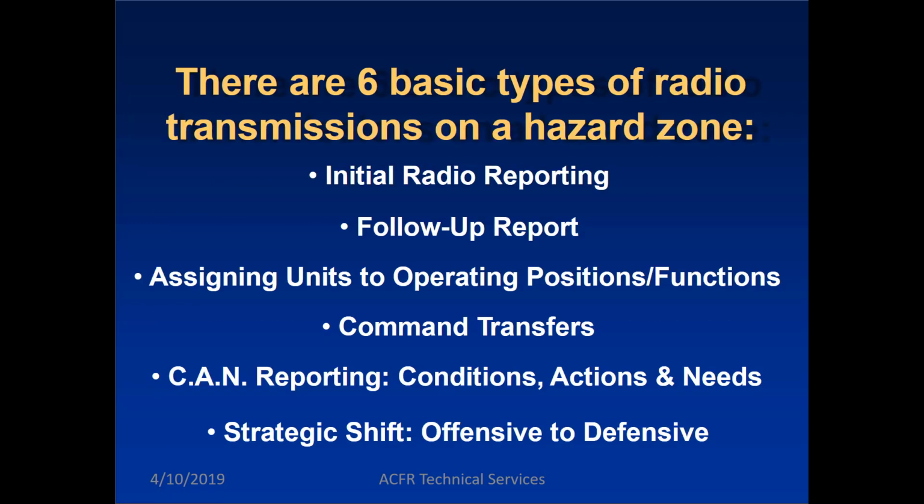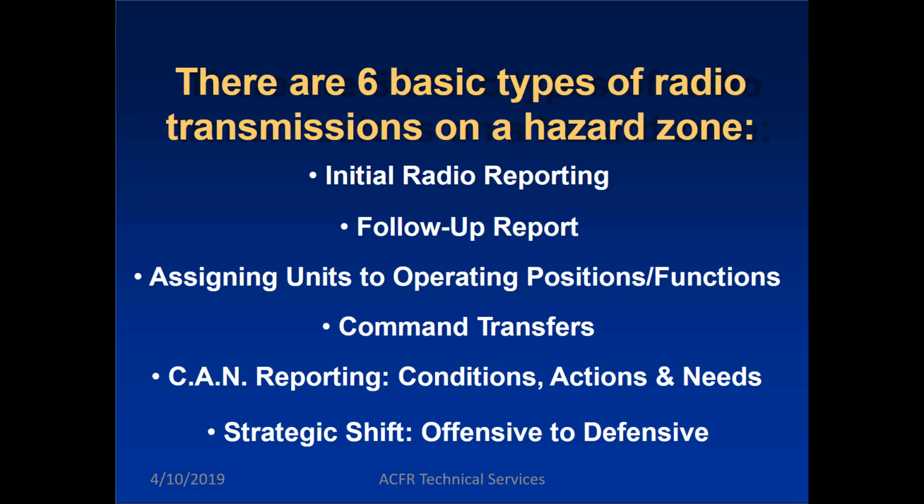So there's 6 basic types of radio transmissions on a hazard zone, and that's going to be our initial radio reporting, which is that initial arrival report. Then there will be a follow-up report after the 360 is done to make sure we're going to continue with those first actions that we're told, and if there's any changes that came up that we found during the 360. And then assigning units to operating positions or functions within the incident, command transfers, and C.A.N reporting, as we call that.